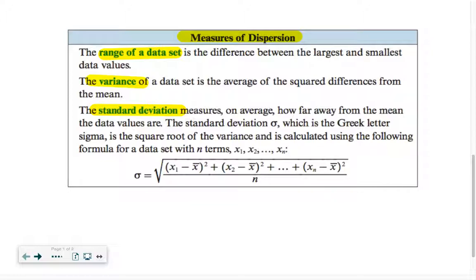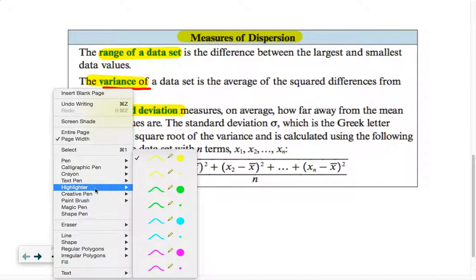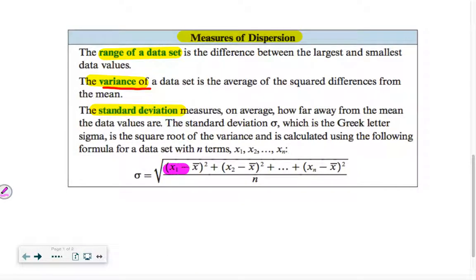The variance of the data is the average of the squared differences from the mean. To make it easiest for you, the variance is simply this right here, which is something you'll need to get in your notes.